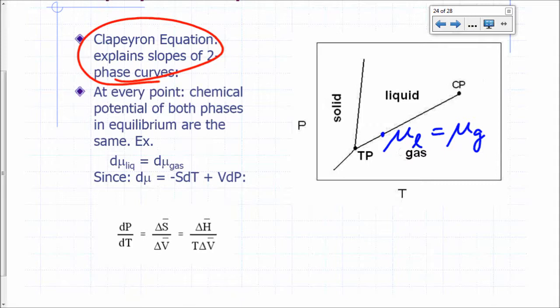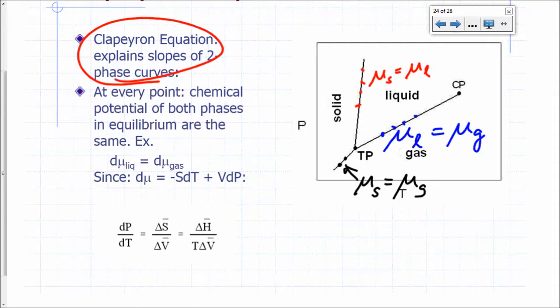Okay, so the chemical potential of the substance in the liquid would be equal to its chemical potential in the gas at each and every point on this curve. Now, at each and every point on this curve, the chemical potential of the solid will be equal to the chemical potential of the liquid. And at each and every point on this curve, the chemical potential of your solid will be equal to the chemical potential of your gas.